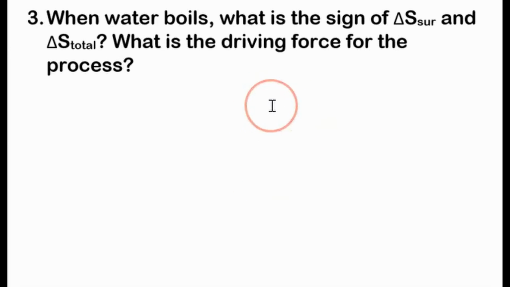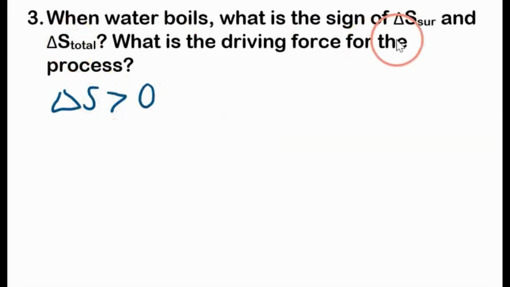There's a greater velocity profile of the gas compared to the liquid, where the molecules are stuck together and their velocities are constrained. So we have a higher entropy of the system. It didn't ask for the system, but we're going to need to know that. So when it boils, the entropy of the system is getting greater.